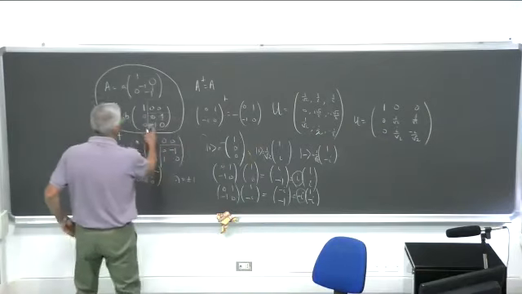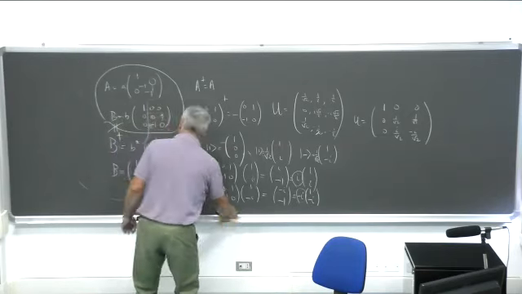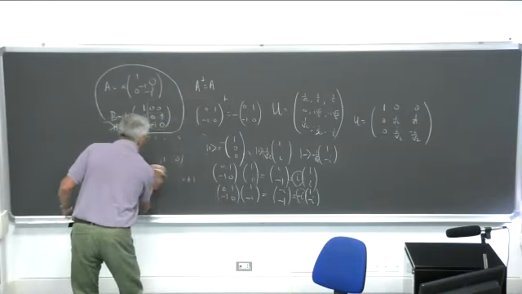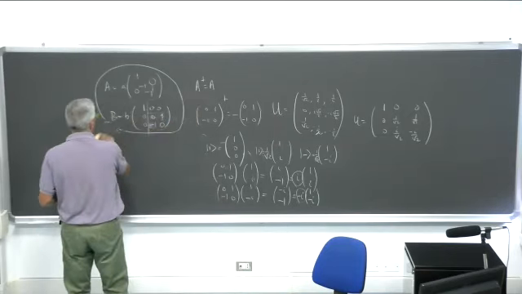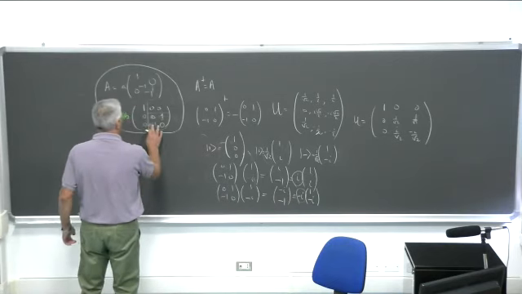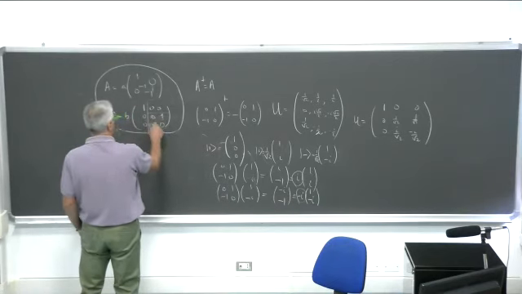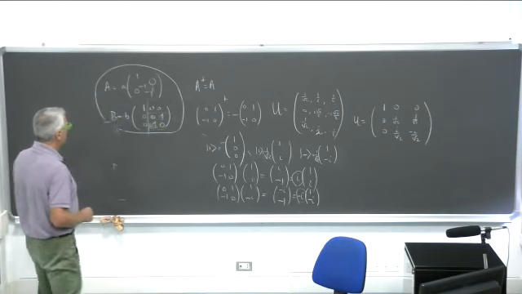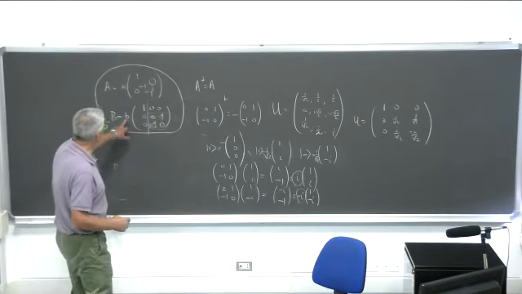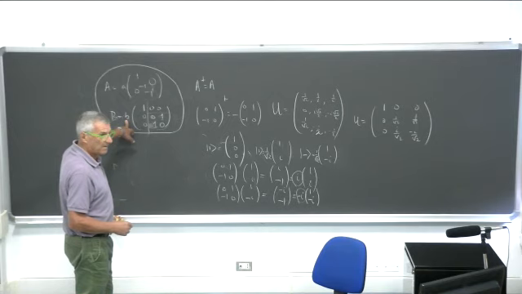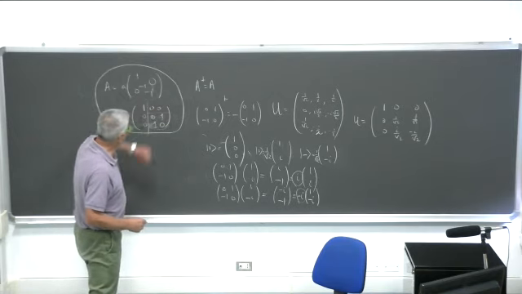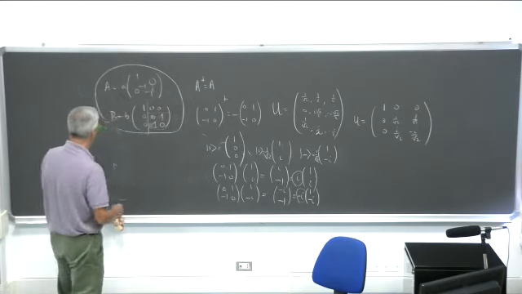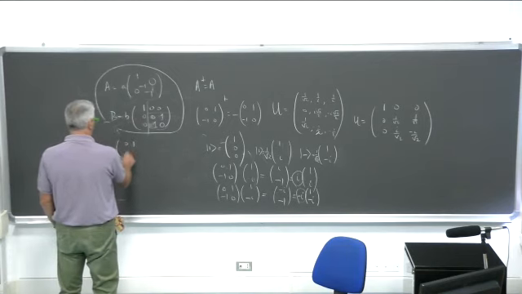If instead you had the original choice, the correct choice that I had in mind, you put here 1, 1. This is a symmetric matrix. This is Hermitian when B is real. What are the eigenstates of this matrix, 0, 1, 1, 0?